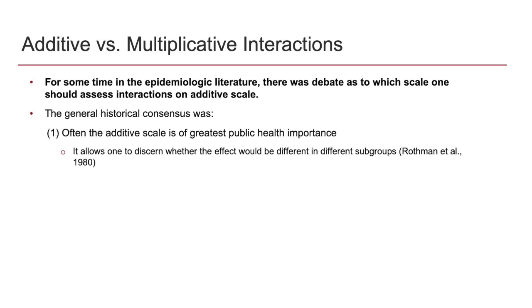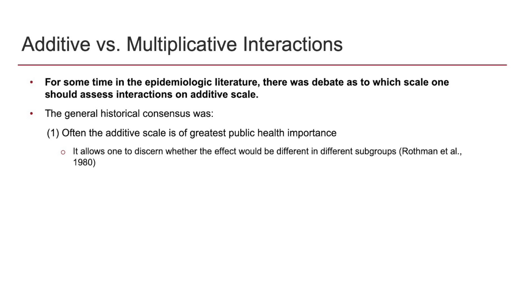For some time, if you look at the epidemiologic literature, there was a debate about which scale one should use, multiplicative interaction or additive interaction. The general consensus was that the additive scale is often of interest for public health importance.